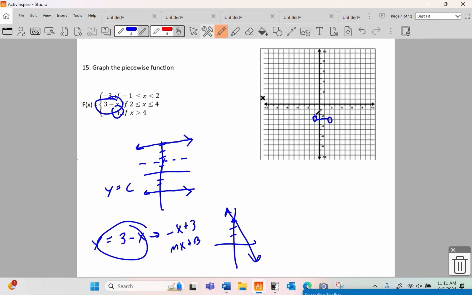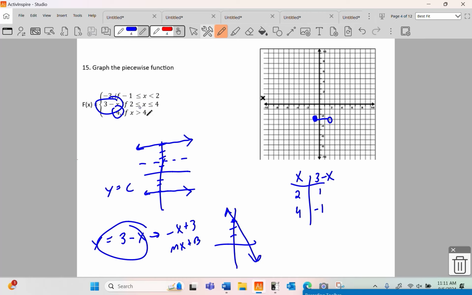Notice they're both open holes because of this. Oh, that one's closed. I am 3 minus x if I am between 2 and 4. Oh, I cannot think today. Let me go back several steps here. Let's try this again. I am 3 minus x if x is stuck between 2 and 4. 3 minus 2 is 1. 3 minus 4 is negative 1.